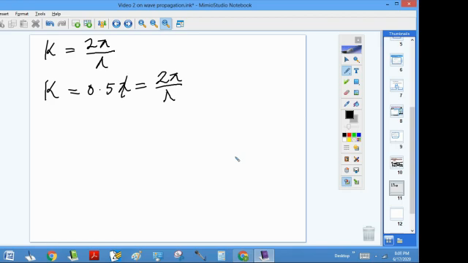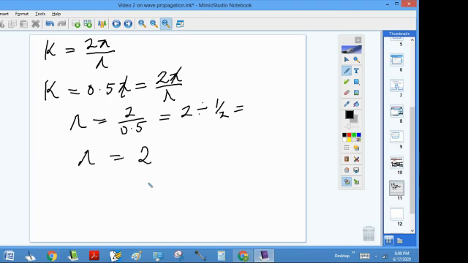So pi cancels pi, and we have wavelength equal to 2 over 0.5, which is 2 divided by 1 over 2, which is 2 times 2 over 1, equal to 4 meters. That is the wavelength.